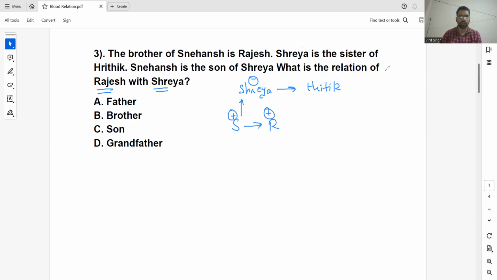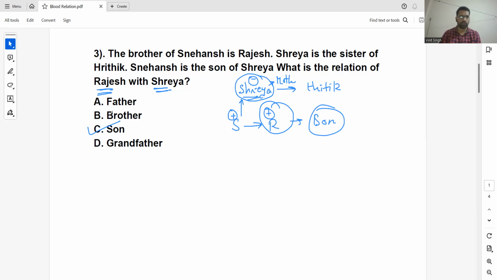What is the relation of Rajesh with Shreya? Oh, sorry. Shreya will be the mother of Rajesh and Rajesh will be the son of Shreya. They are asking the relation of Rajesh with Shreya. We have to find what is the relation of Rajesh with Shreya. It's a son. Getting?